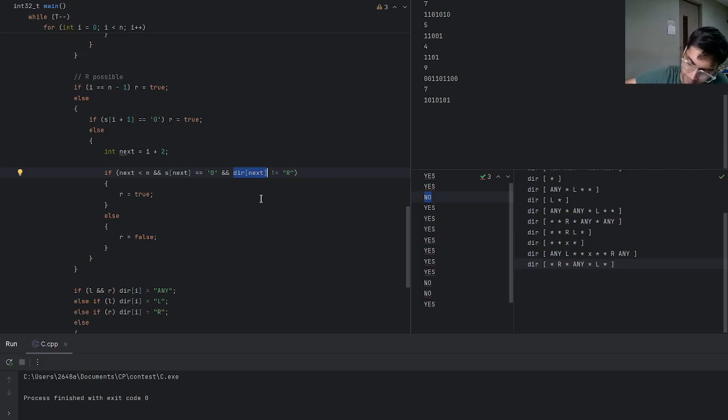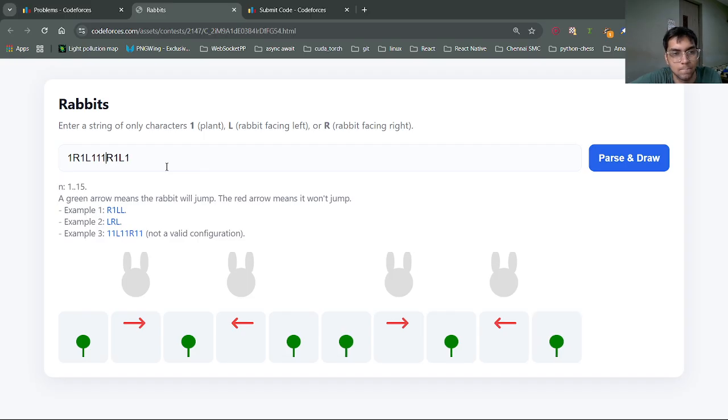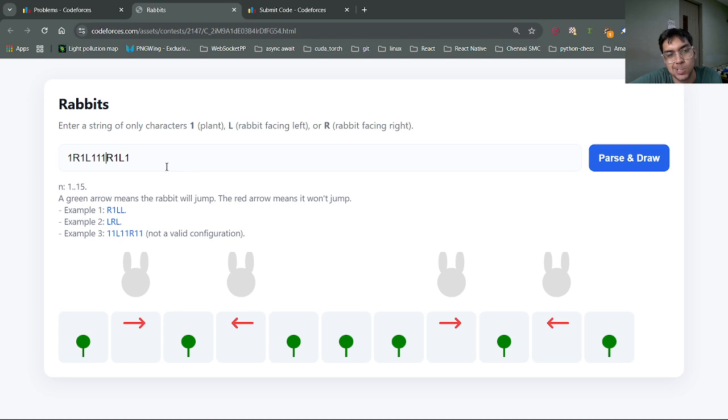Also, wait a minute. What if this condition that you're saying, what if there is one more? ये तो फिर ठीक हो जाएगा. Okay. What if there is one more?